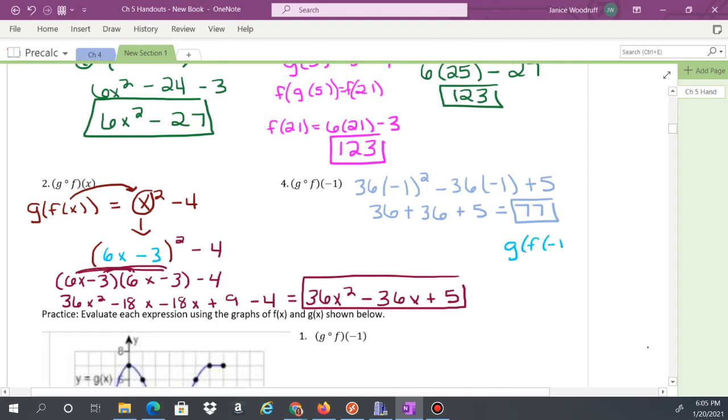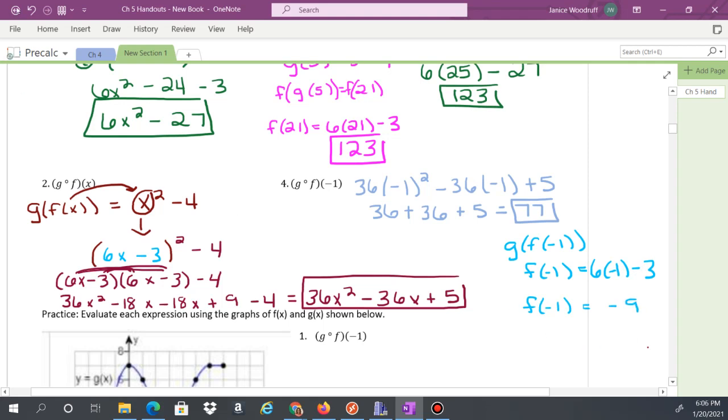So I'm going to do f of -1 first. What's the f of x function? 6x minus 3. So 6 times -1 minus 3. So -6 minus 3 would give me -9.